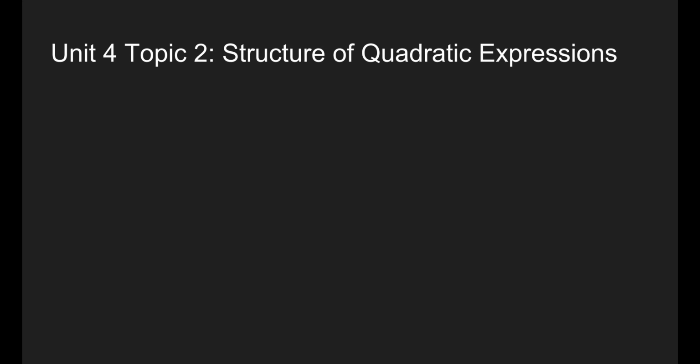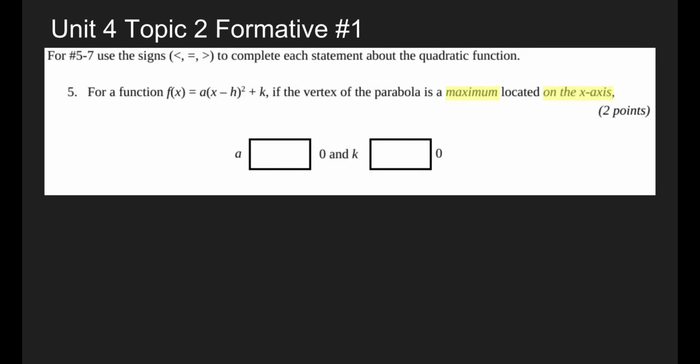So let's start looking at some typical items. On one of the formatives, there's a sequence of questions, numbers 5, 6, and 7, that really assess conceptual understanding of transformations and the meaning of the values in the equation in the context of transformations. Now, students are going to notice that there are no numbers in this item except for the zeros.